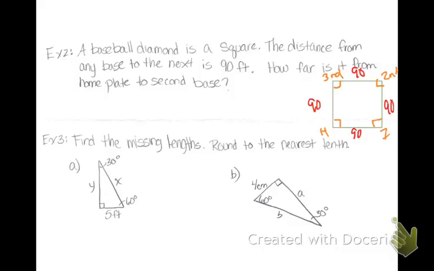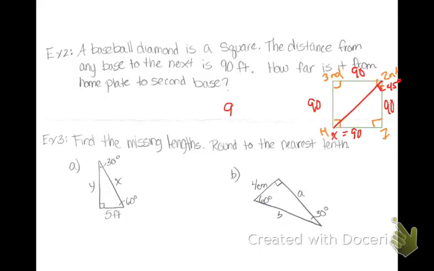So I'm a catcher, and I need to throw to second base. So I need to find the distance between home and second. Now I have a right triangle. When you do that, this becomes 45 degrees, because half of 90 degrees is 45 degrees. So again, we're trying to find the hypotenuse. My leg equals x, so x equals 90.